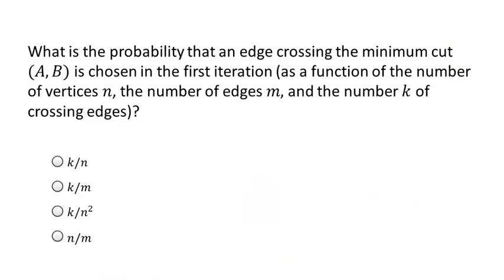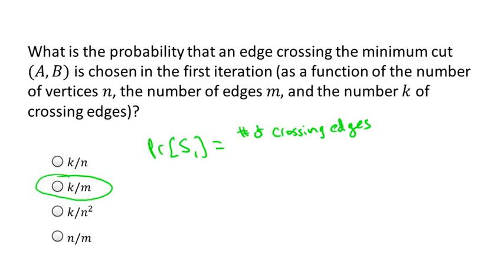So the answer to this quiz is the second option. The probability is k over m, where k is the number of edges crossing the cut A, B, and m is the total number of edges. And that's just because the probability of S_1, the probability that we screw up, is just the number of crossing edges, that's the number of outcomes which are bad, which trigger S_1, divided by the number of edges.